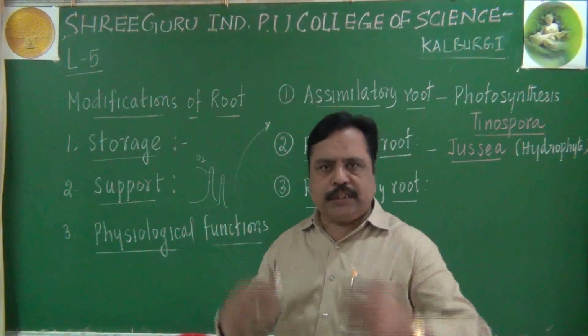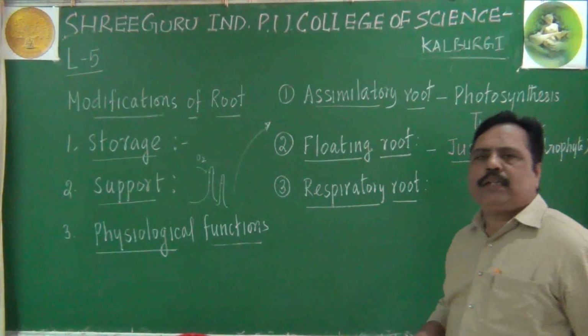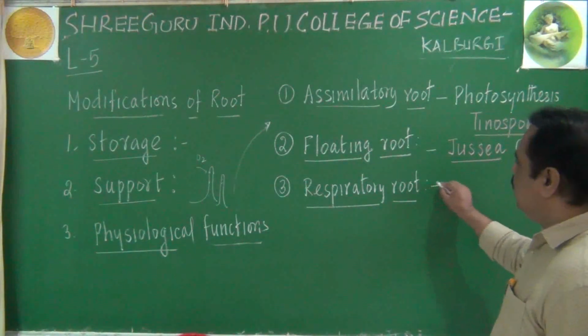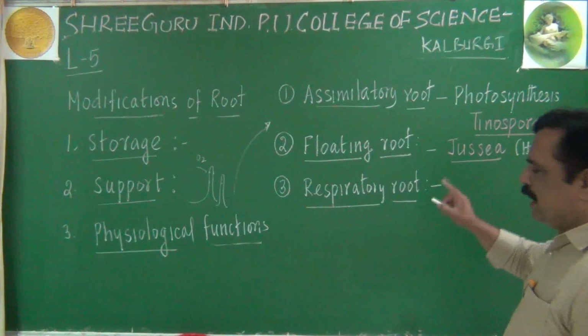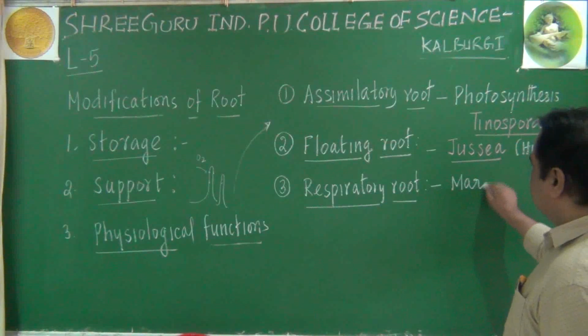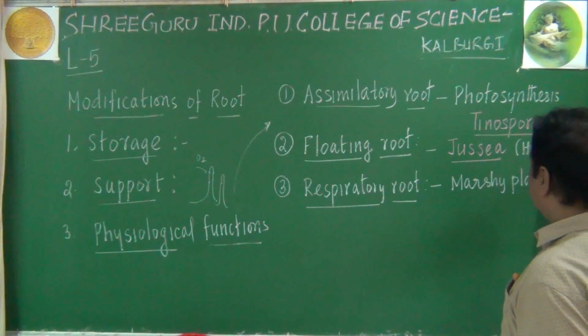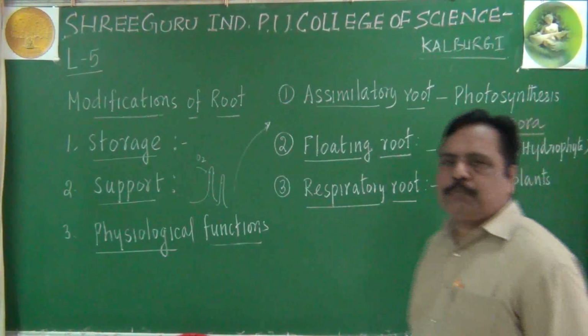So oxygen is taken by respiratory roots. Where do we find respiratory roots? They are found in plants growing in marshy places. So marshy plants have this respiratory root.